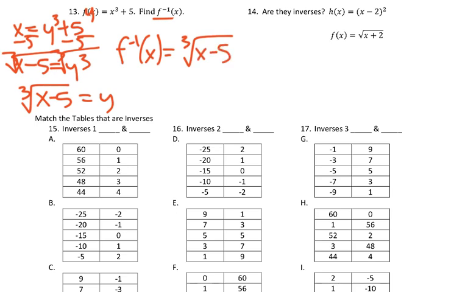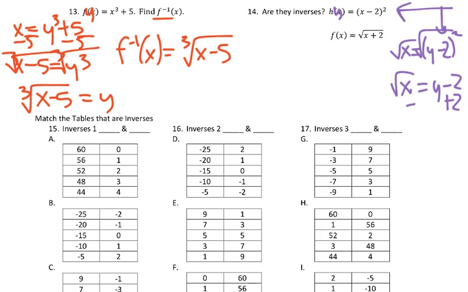Okay, then if we look at 14, multiple ways we could decide if these are inverses. Okay, we could take one of them and try to find the inverse. So make that y and go x equals y minus 2 squared, and then see if they match up. So we'd take the square root: square root of x equals y minus 2, add 2.